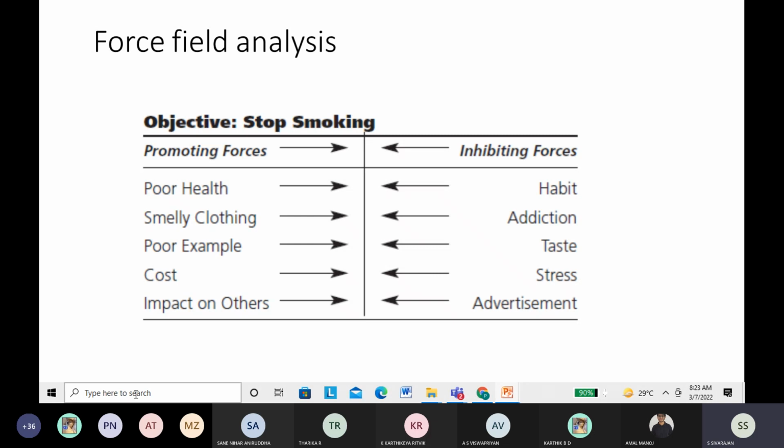Now, if you take the promoting forces, Colgate, you know very well, they have got a very good brand image. So sales, naturally, will improve. And the second one is advertisement. You know very well, it's a multinational company and it has been in India for 50 years.